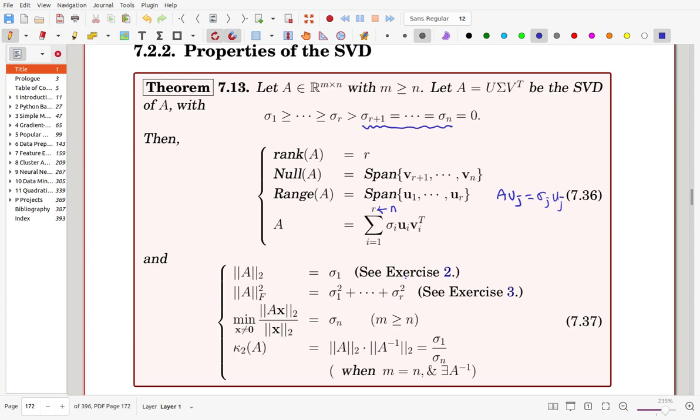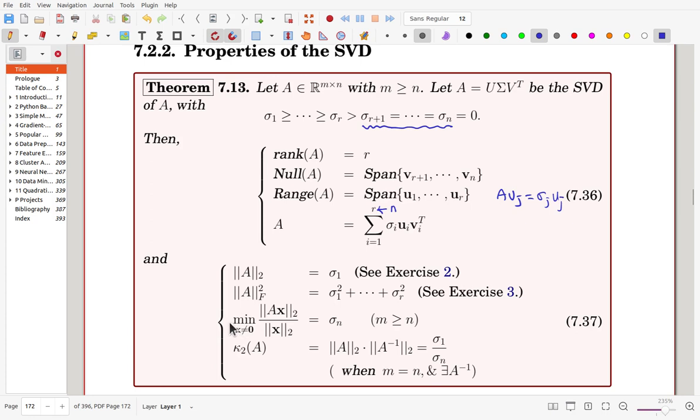So in exercises 2 and 3, the problem is given, and also hints are given, so try to prove it yourself. If it is a maximum, that is a 2 norm; the original definition of a 2 norm is that maximum.